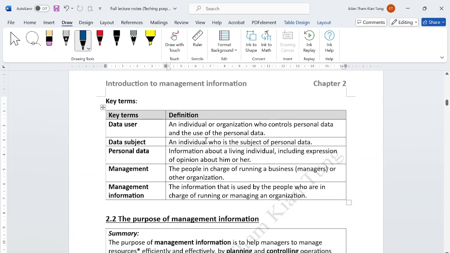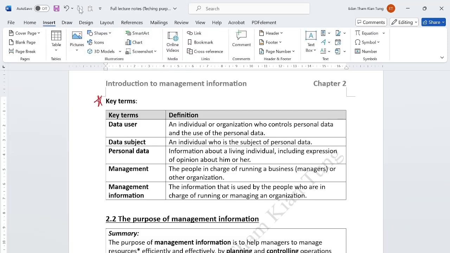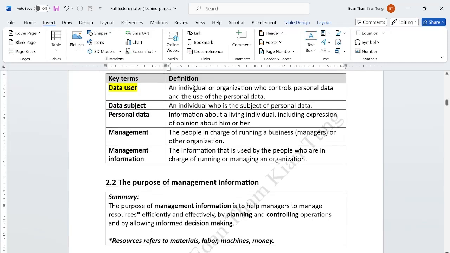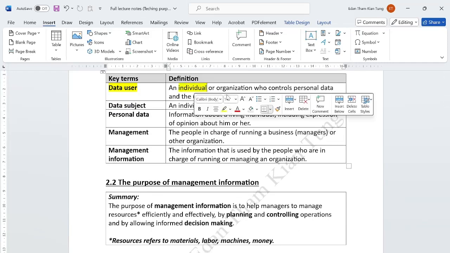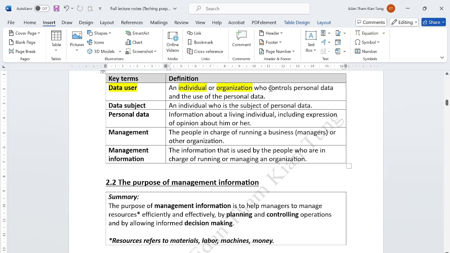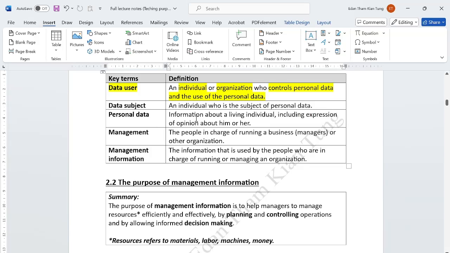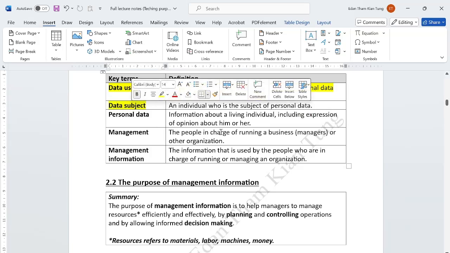These are a few key terms that you have to know. The first one, data user. What is data user? Data user is an individual or organization who control the personal data and the use of the personal data. Second, data subject. What is data subject?